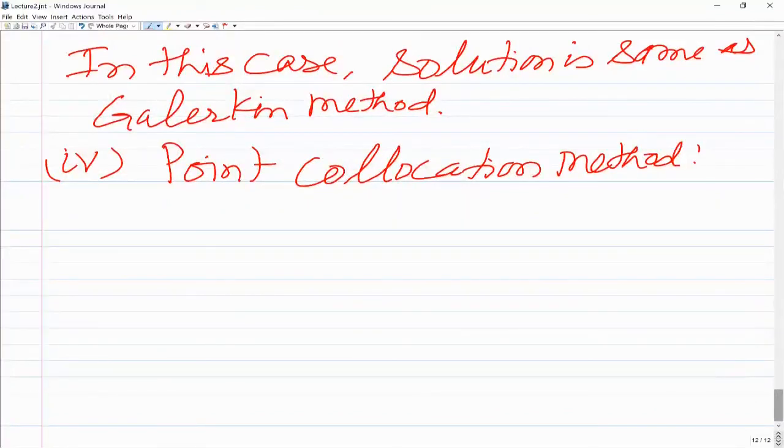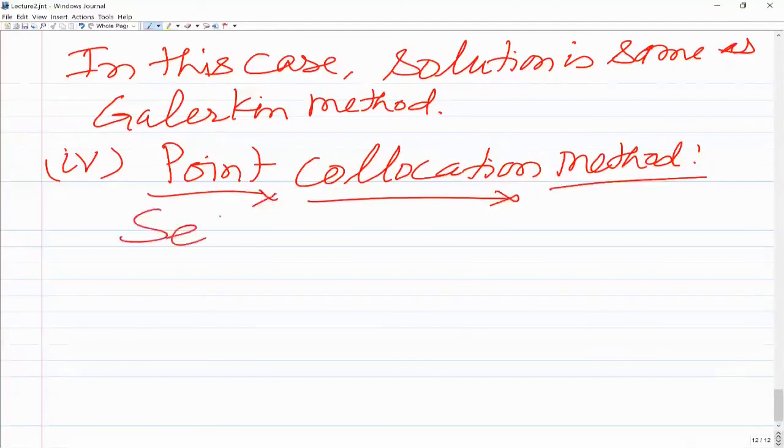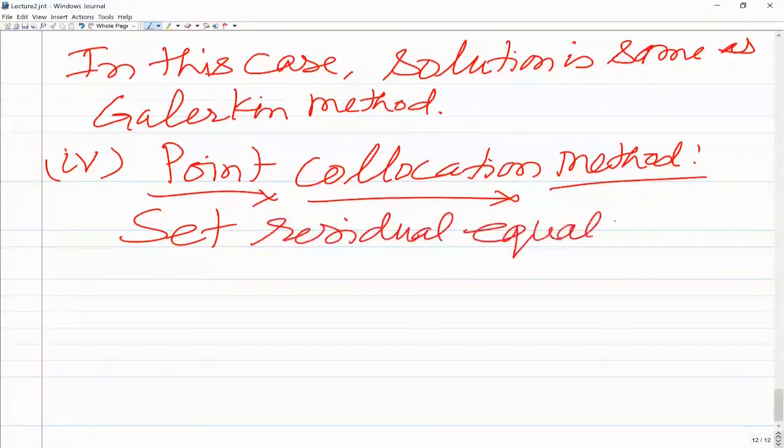So in the point collocation method, what is done is we set the residual equal to 0 at selected points.